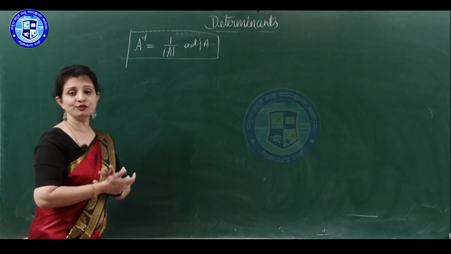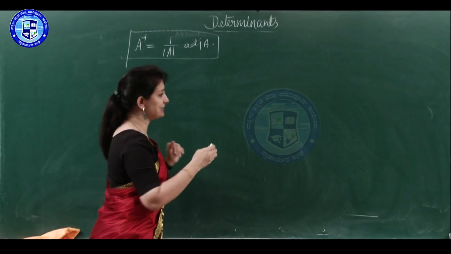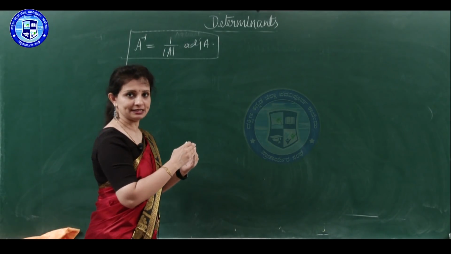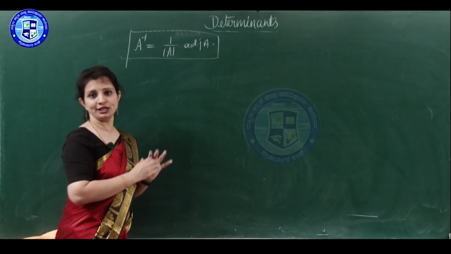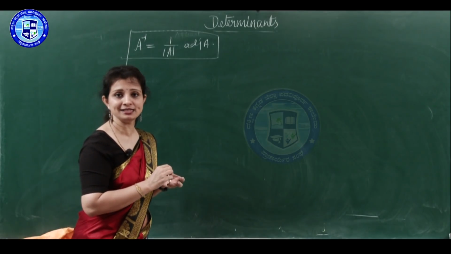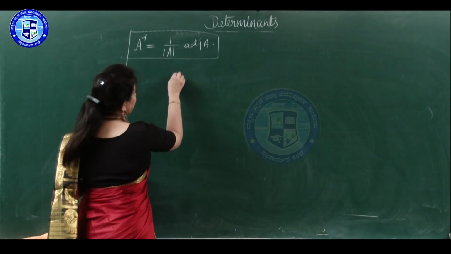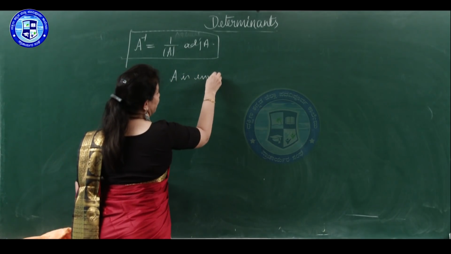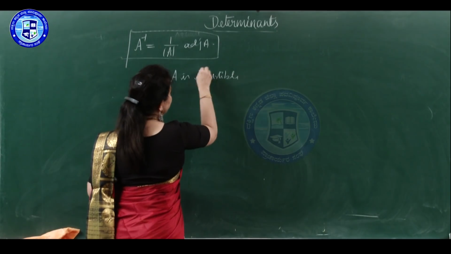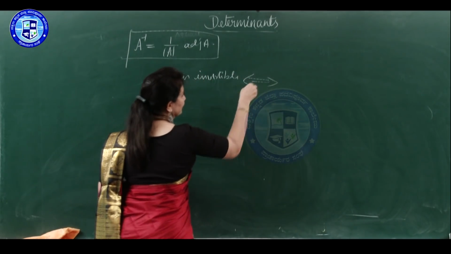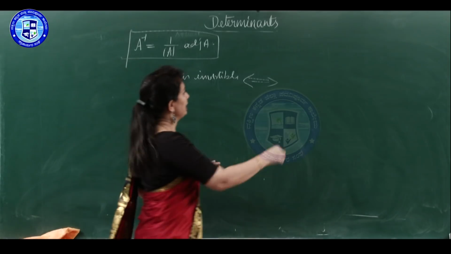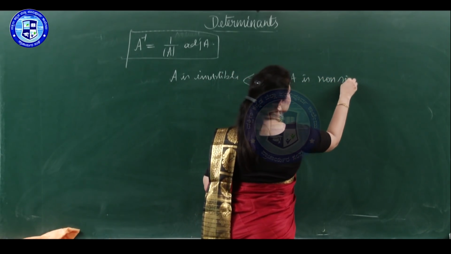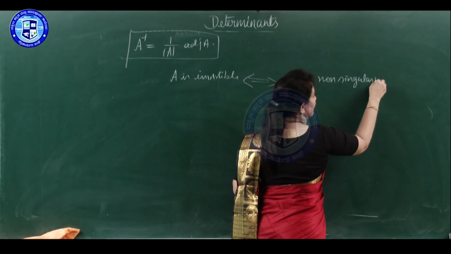But what is the condition from Theorem 4? Theorem 4 states that A is invertible if and only if A is a non-singular matrix.